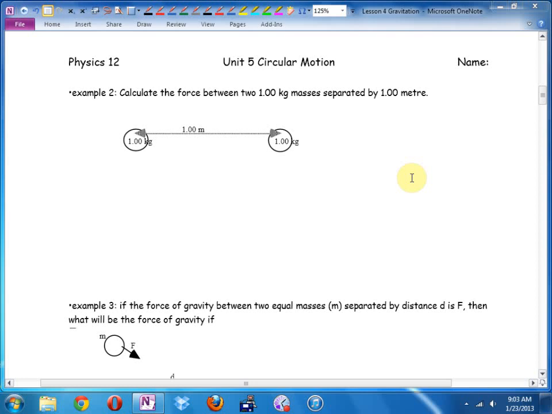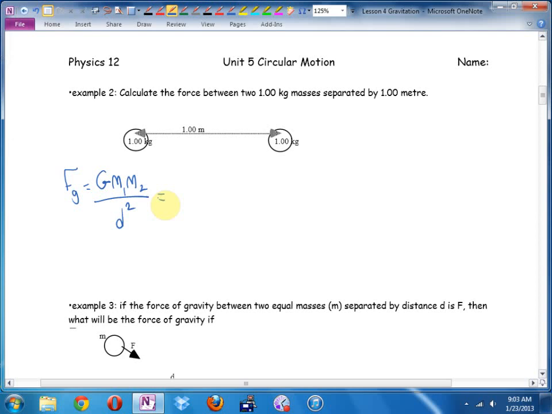Let's find out. We would say, first of all, our gravitational force equation is big G m1 m2 over d squared. And we said that big G is your conversion factor. It's Newton's universal gravitational constant.